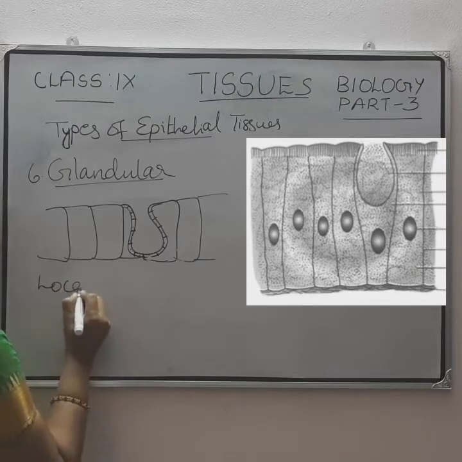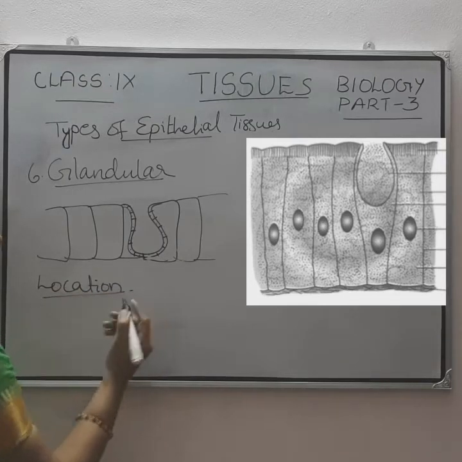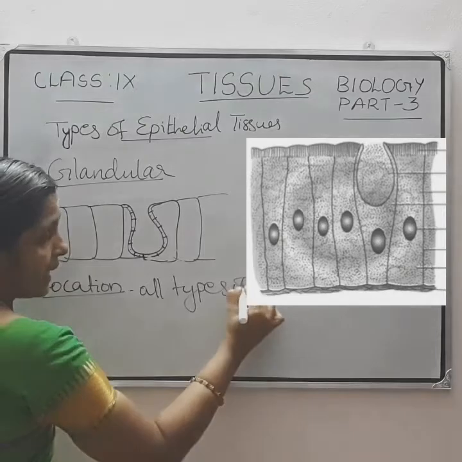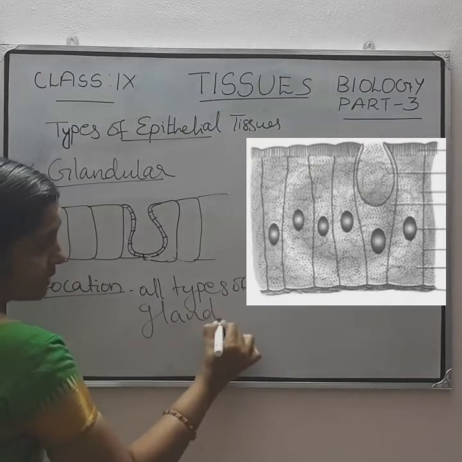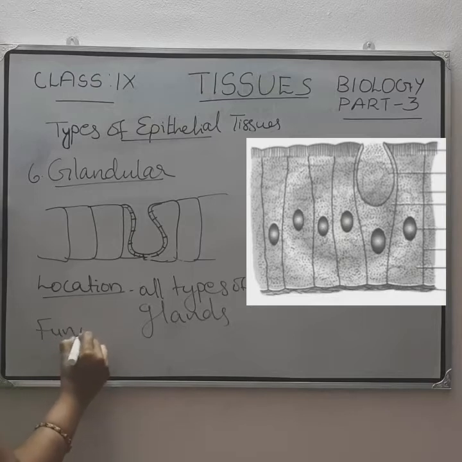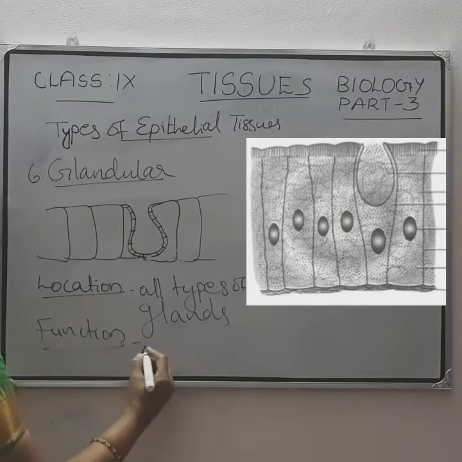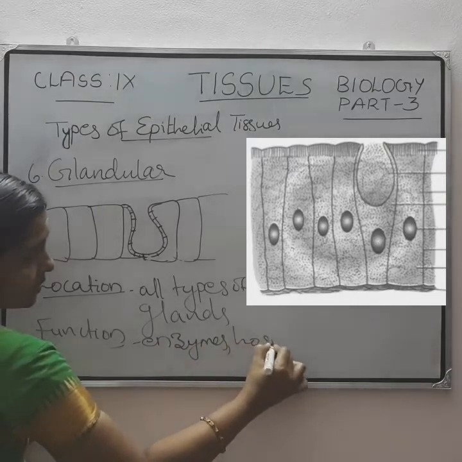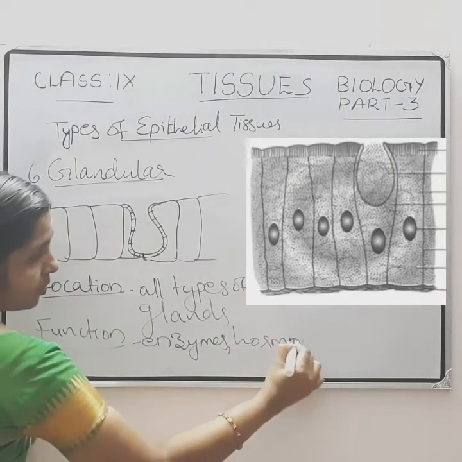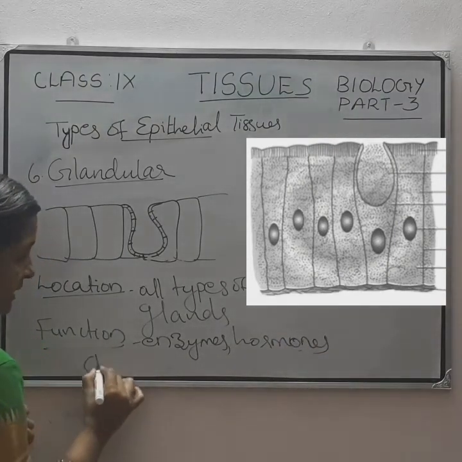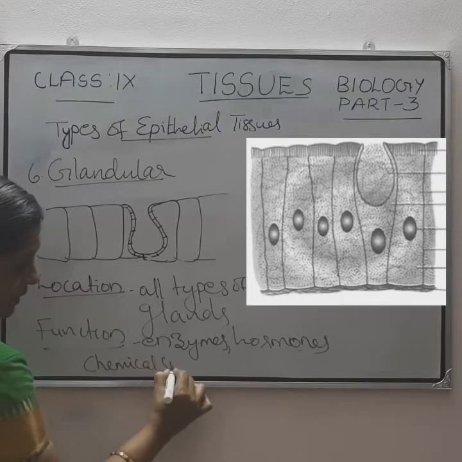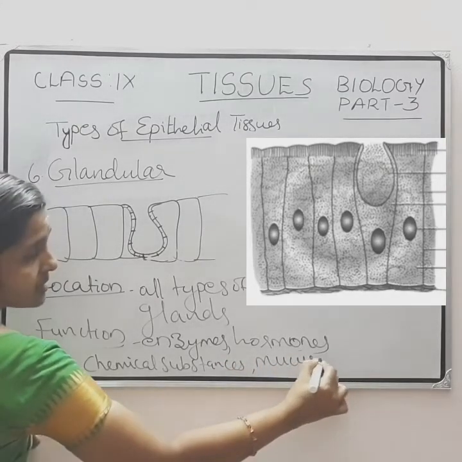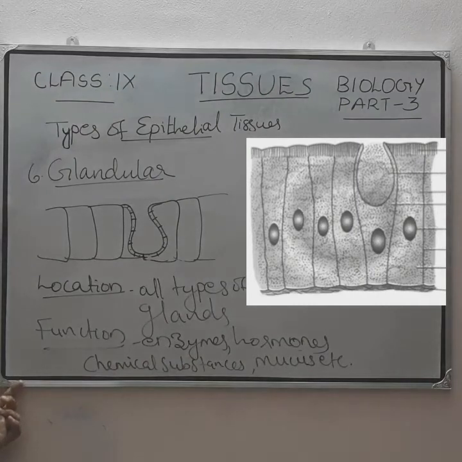Then where is it present? This glandular epithelial tissue is present in all types of glands. And what is its function? This glandular epithelium helps in the secretion of enzymes, hormones, and also certain chemical substances, then mucus, etc. So that is the function of glandular epithelium.